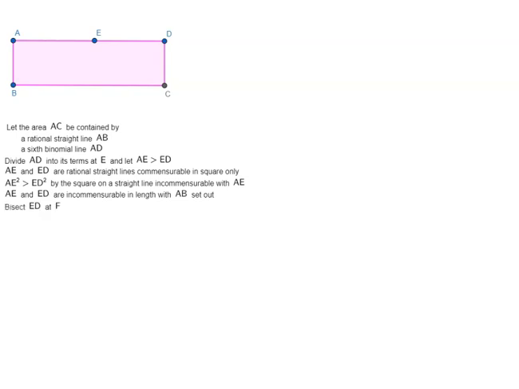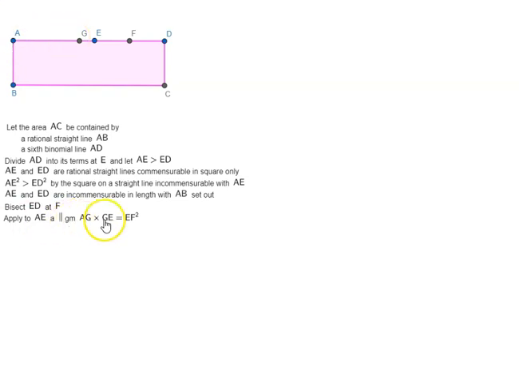Okay. Now let's bisect ED at F. Apply to AE a parallelogram AG by GE equal to EF square. So once we apply, basically we are interested in this point G. But when we actually do the detailed construction, we will end up drawing a rectangle.